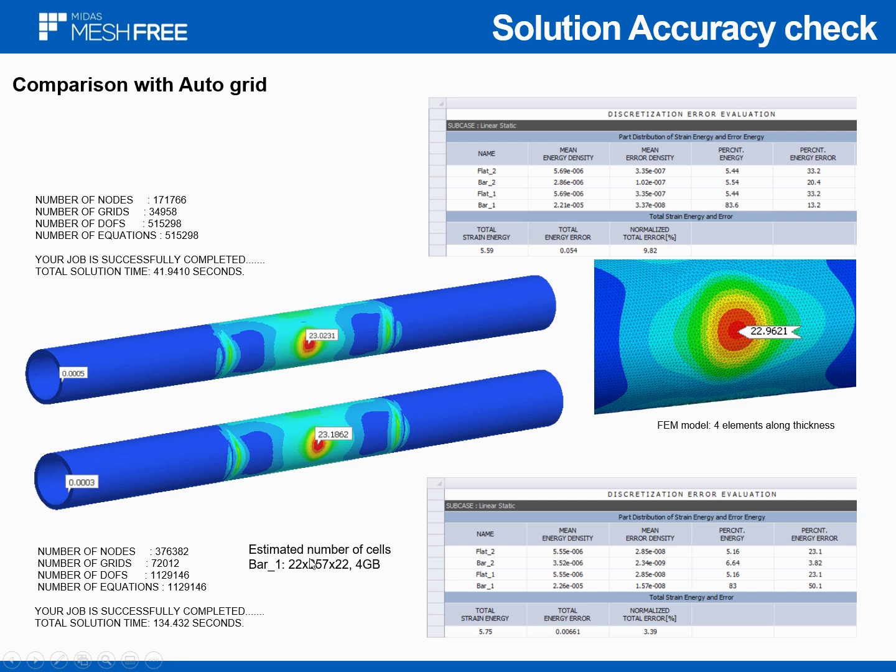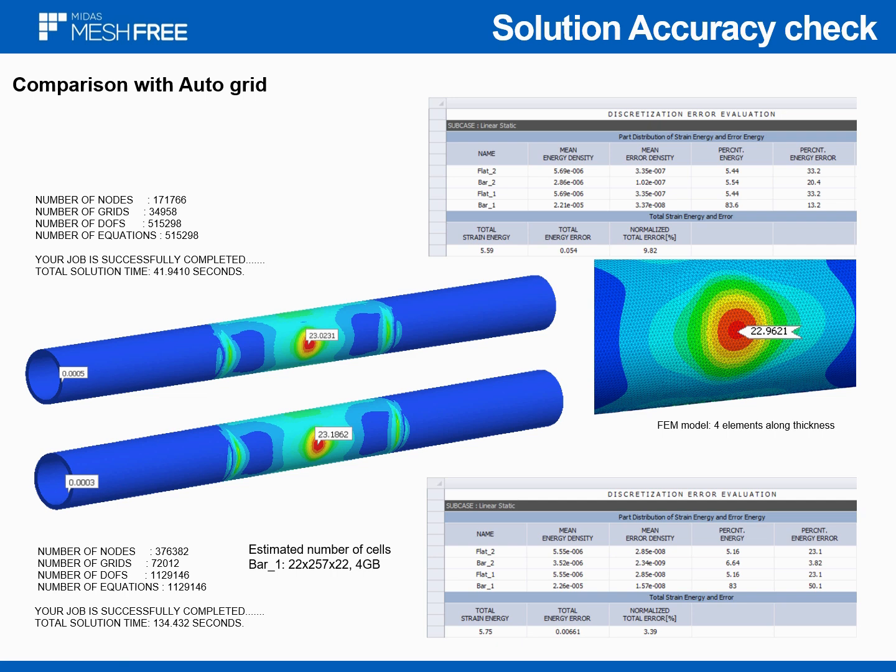That's the number of the blocks generated. I got a much lower total value, almost the same distribution in terms of energy density and error. And then we can compare values. So as you can see, MIDAS MeshFree is very accurate.